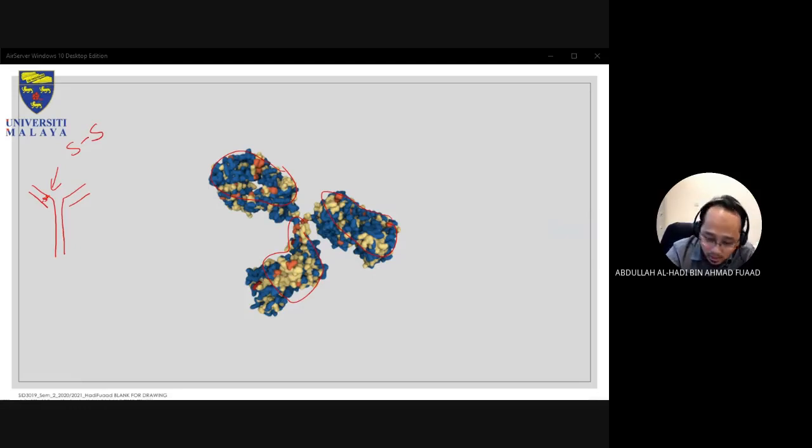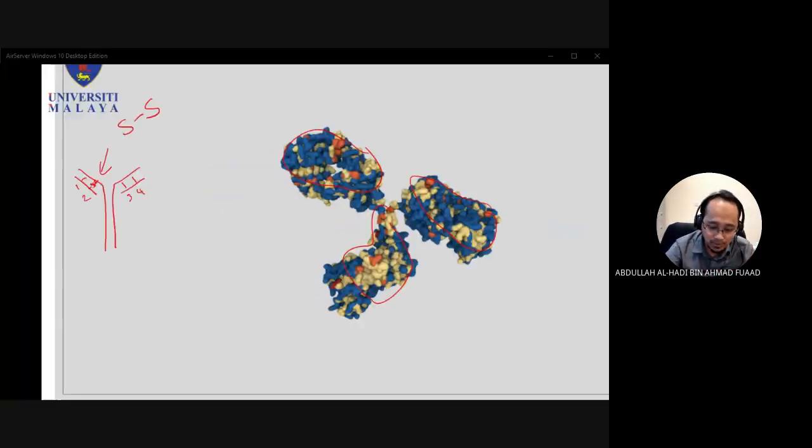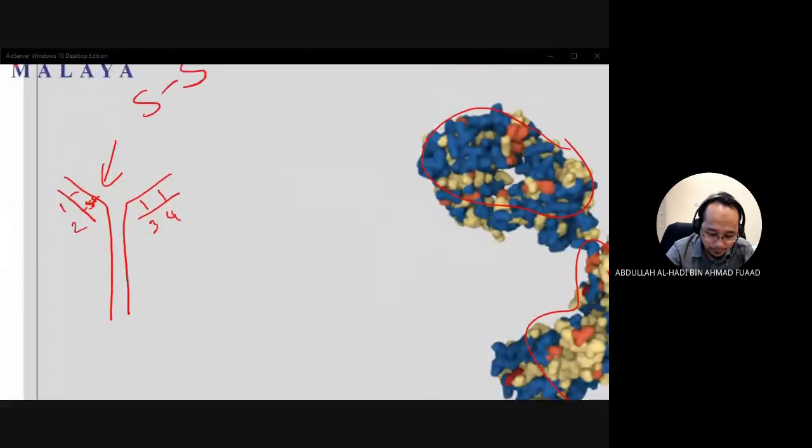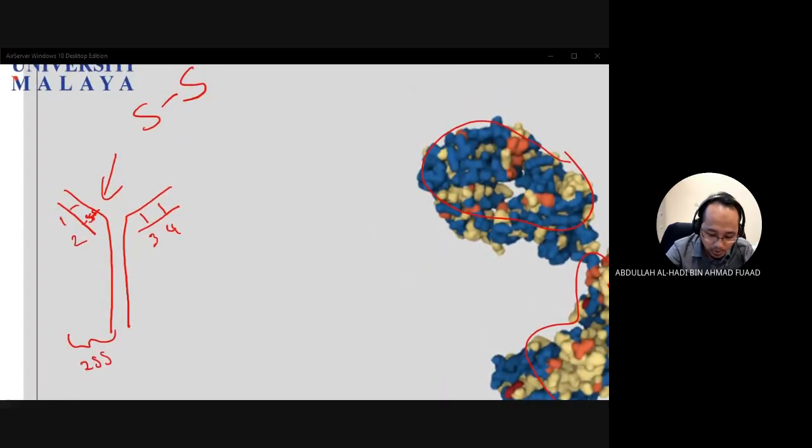I think there are 2 disulfide bonds per heavy and light pair, so 1, 2, 3, and 4 in total: 2 on the left-hand side, another 2 on the right-hand side, and another SS bond that connects the heavy chains.